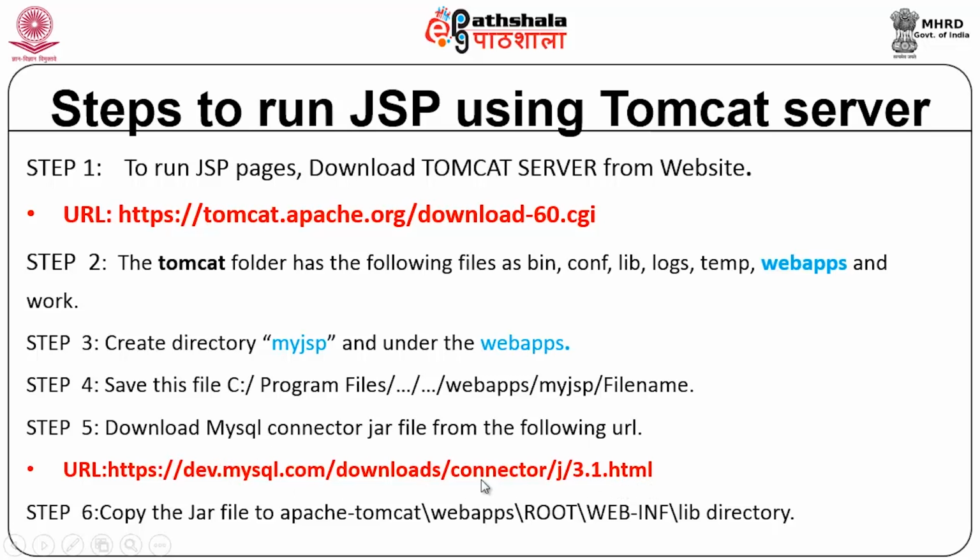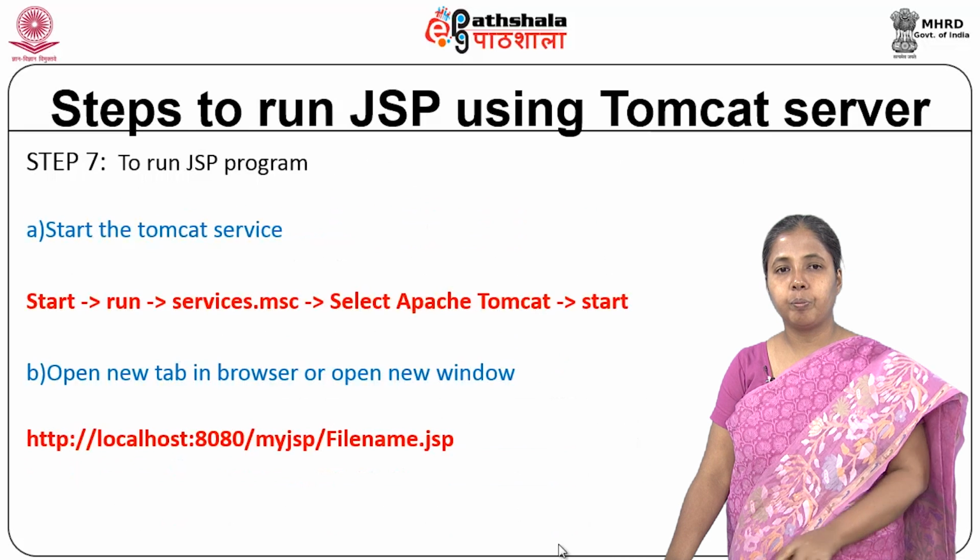You can download this jar file and copy it to Apache Tomcat webapps. Within webapps you would have a folder called ROOT, and within this you will have a folder called WEB-INF. Within that you will have a folder called lib. You have to put the MySQL connector jar file in this lib directory. So in order to work with MySQL, you have to put this jar file in the lib directory of your Apache Tomcat.